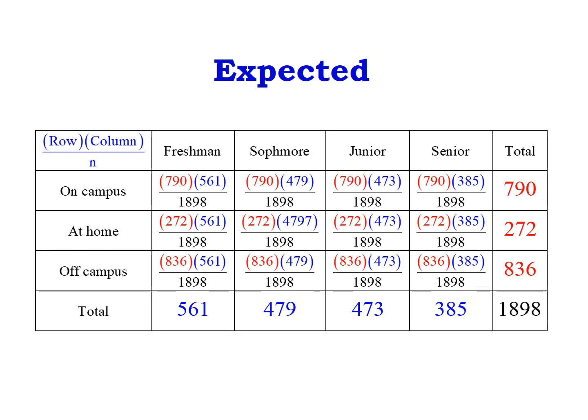I've got all the row totals in red and all the column totals in blue, so it's easy to see all the numbers. We got 12 subcategories because we had 3 living states and 4 classes, so 3 times 4 is 12. And then we just need to simplify all 12 of those.